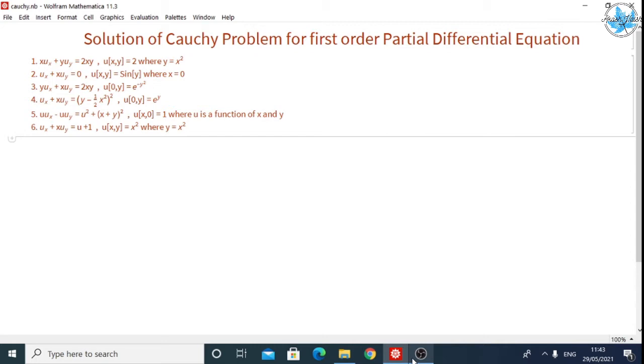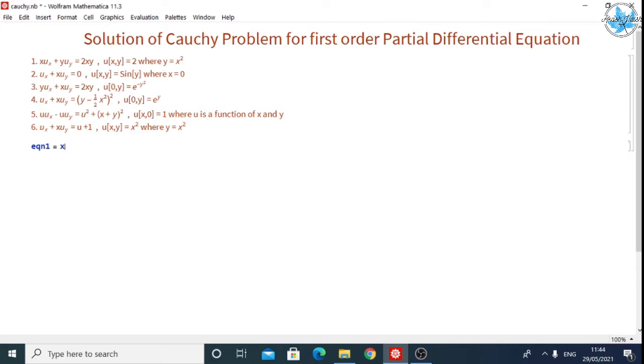So first we will write the equation in Mathematica. Let's write equation 1. Equation 1 is equal to x into ux.